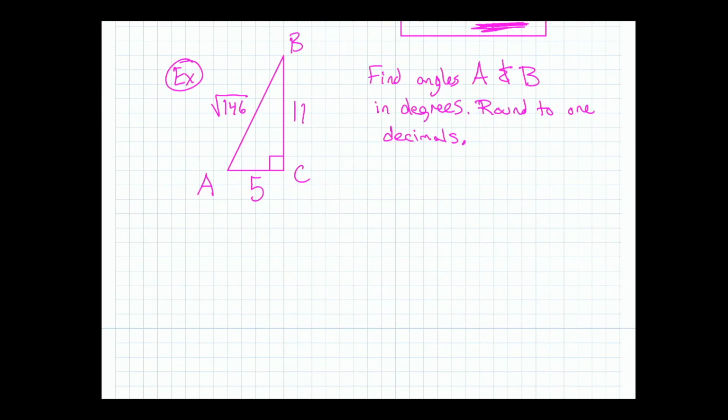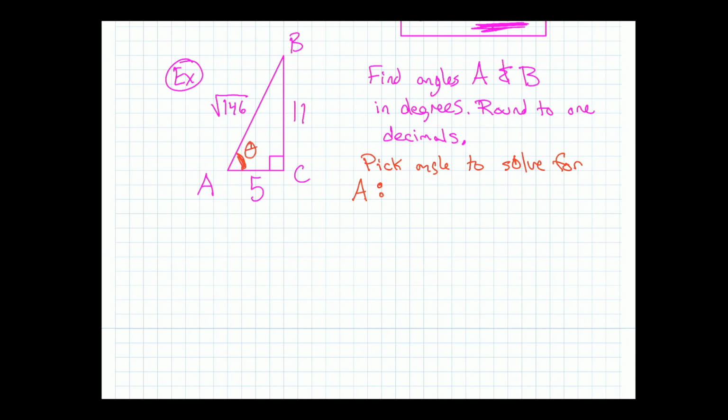So first of all, let's just pick which angle we're solving for. All right, so we're looking for A and for B. We might as well do A. Let's do A. So if A is our angle, so we're doing this angle, that's my theta for the moment.